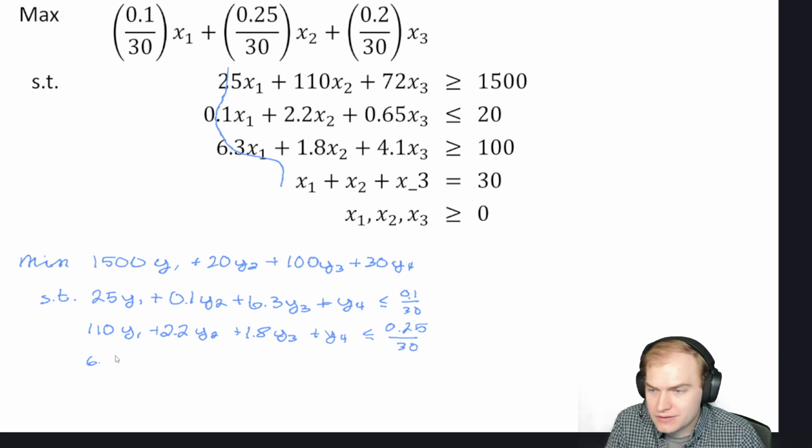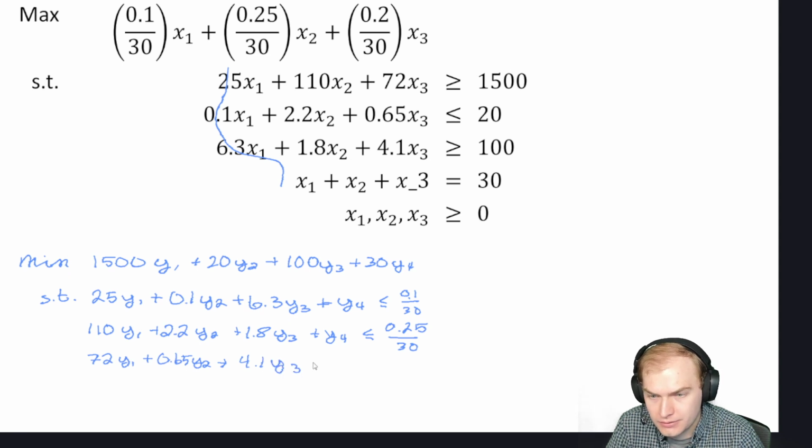This should be our last constraint. 72 y1 plus 0.65 y2 plus 4.1 y3 plus y4 is less than or equal to 0.2 over 30.